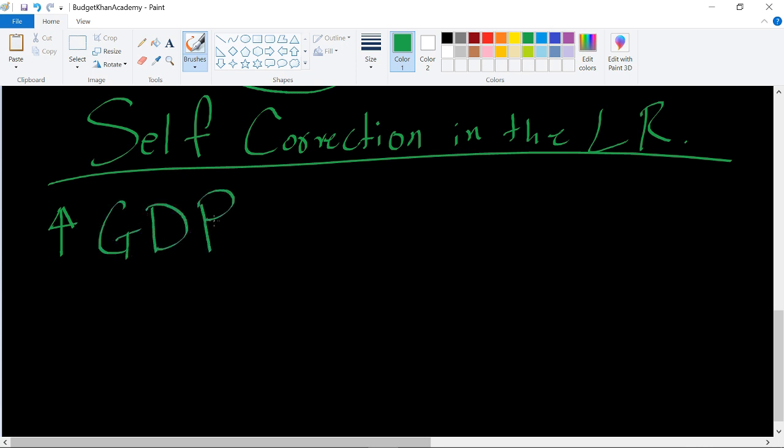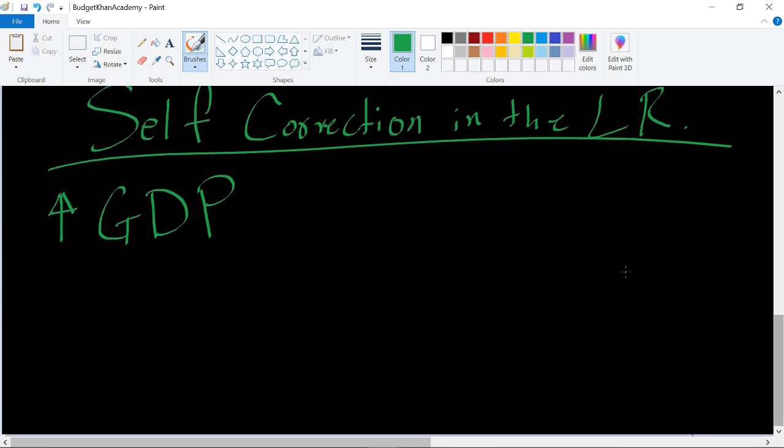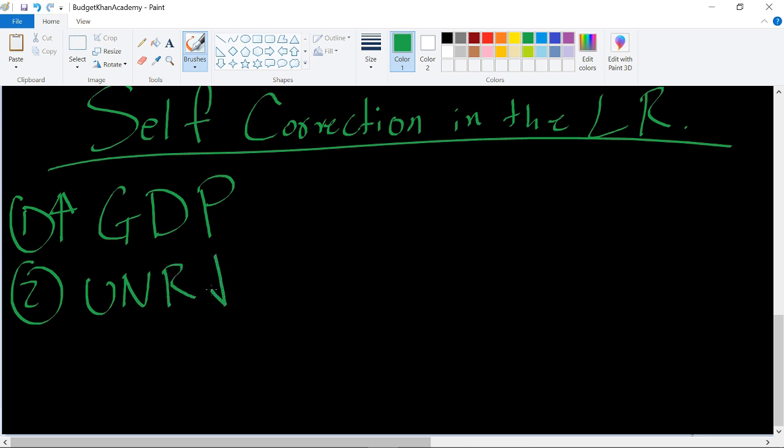Because if you remember, unemployment is also tied into GDP, meaning that if our GDP is going up, that is an indicator, let's put a 1 here, that our unemployment rate is going down.